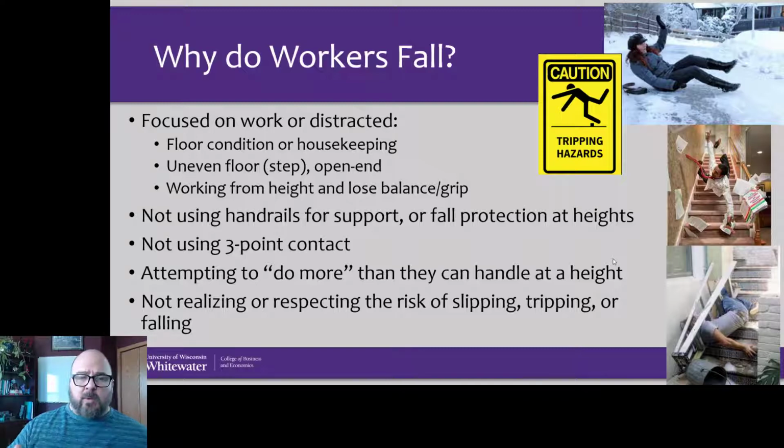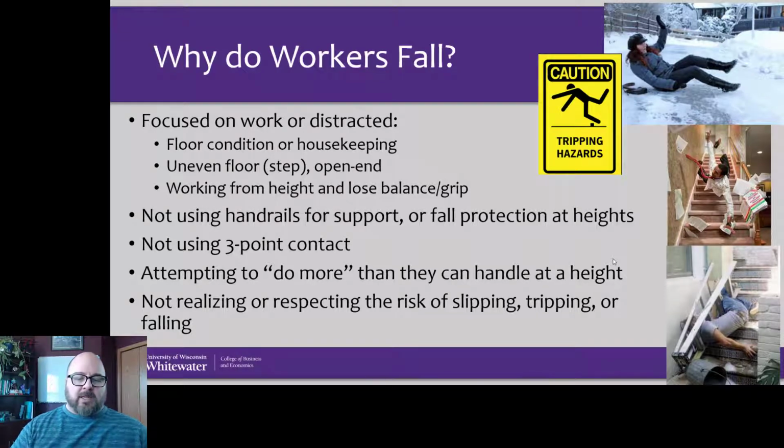Not having something that we can grab onto if we do happen to lose our balance or feel that we're tripping or falling. Not using 3-point contact when we're on a ladder. Attempting to do more at a height than we should. Shifting our center of gravity beyond the tolerances of whatever we're standing on, whether it's a chair or a ladder or a table.